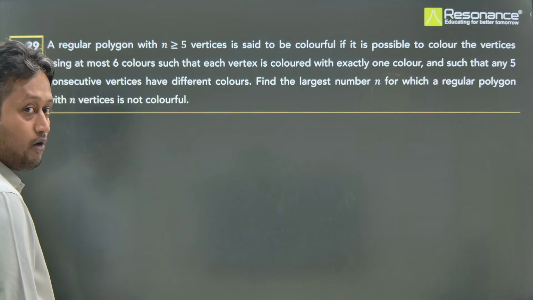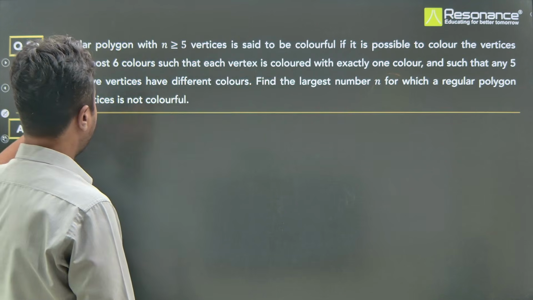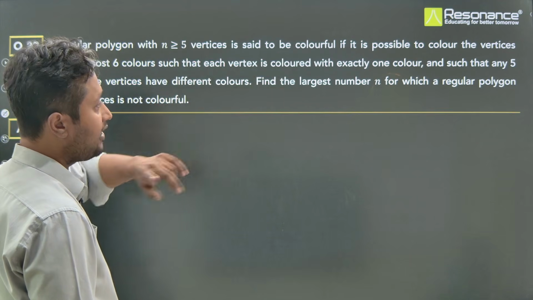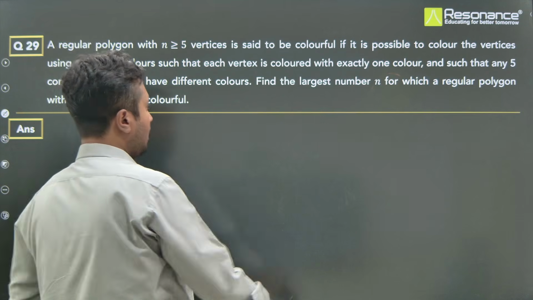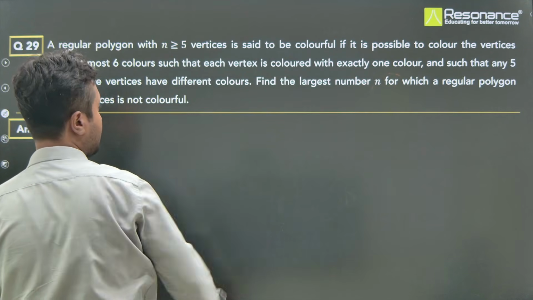Alright, just two more questions. So a regular polygon is said to be colorful if it is possible to color it using at most 6 colors, so that every vertex is colored with exactly one color, and such that any 5 consecutive vertices have different colors, right?